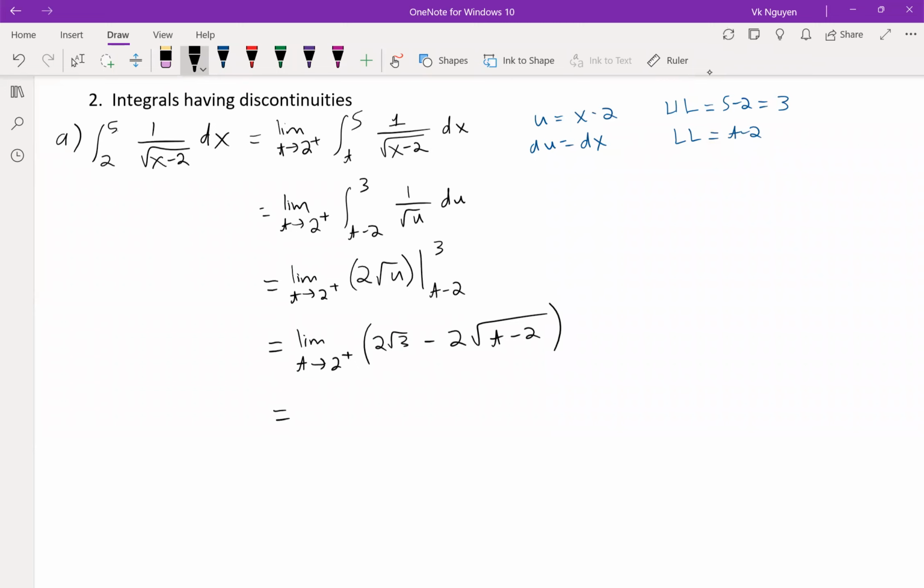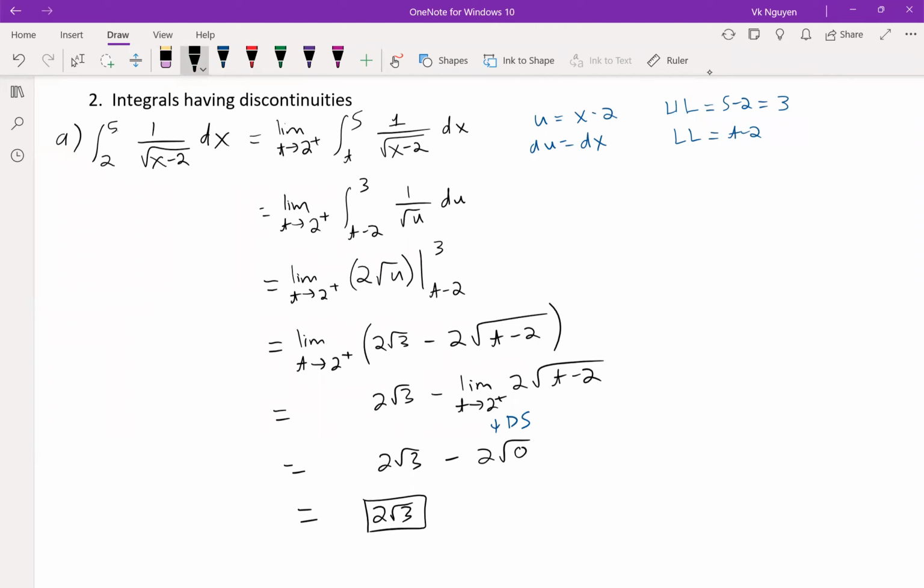So we have 2 root 3 minus the limit as t goes to 2 on the right side of 2 square root of t minus 2. We can figure the limit just by doing direct substitution, and that will give us 2 root 3 minus root of 0. So in the end, we get 2 root 3.